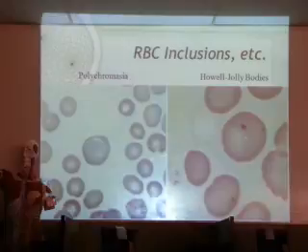It didn't get incorporated into the nuclear membrane. So we call these Howell-Jolly bodies. The presence of many of these can indicate certain disease conditions, so we have to be aware of that. So remember, polychromasia is RNA. Howell-Jolly bodies are DNA.